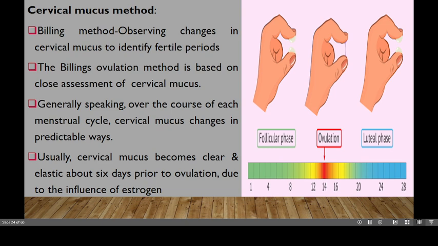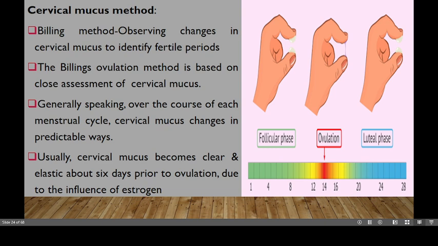Another awareness method is the cervical mucus method, which is also referred to as the billing method. So here you observe changes in the cervical mucus to identify fertile periods. This billing method is based on close assessment of the cervical mucus. You have to really be careful with it. And generally speaking, over the course of each cycle, cervical mucus normally changes in a predictable way, right?